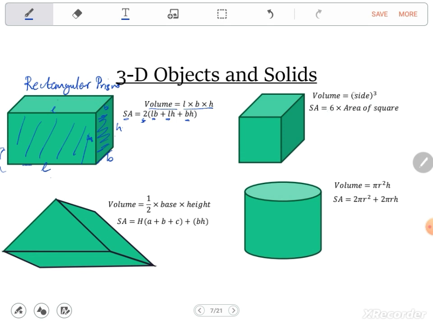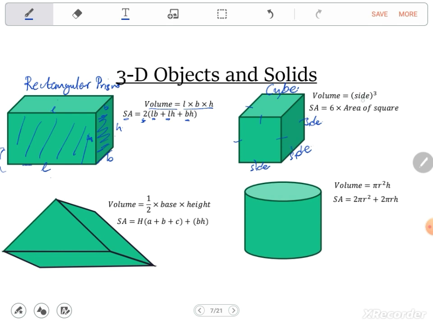And then the volume. In terms of the volume, we say the volume of the cube. So this is the cube. The volume of the cube is given by side cubed, all right? We say this is the side. So this side is equal to this side here because it's a cube, and it's also equal to this side here. So basically all the sides of the cube are equal, all right?